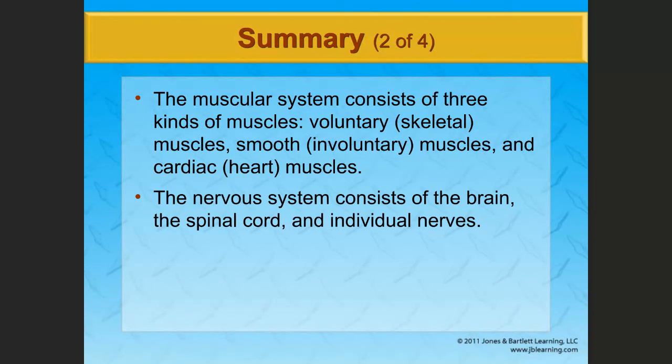A muscle is referred to as involuntary when no direct brain function is required. So the brain doesn't have to directly control an involuntary muscle for it to move. It moves automatically. The nervous system consists of the brain, the spinal cord, and the individual nerves.